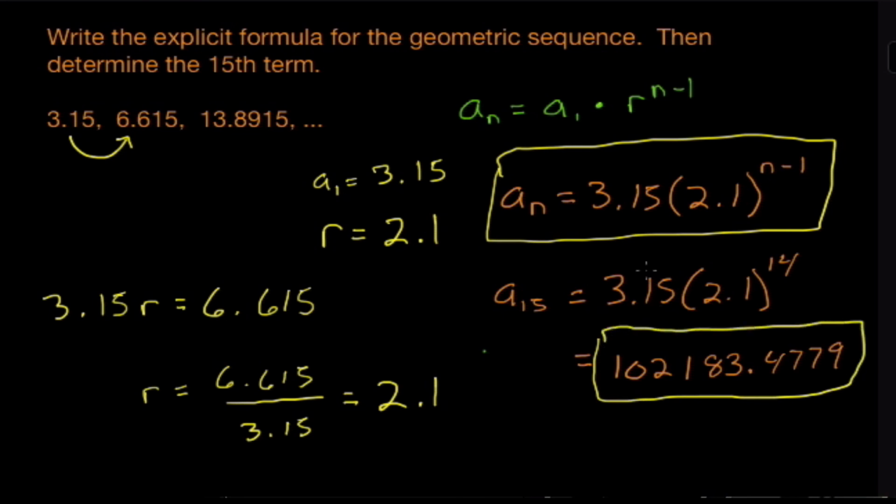And I should take a few moments to point out that the reason that you should understand how to model this problem algebraically and solve for it is because the common ratio here, multiplication by 2.1, was not obvious. When you're working in a math class, you get problems that look more like 2, 4, 8, 16.